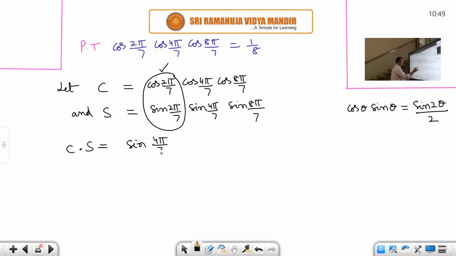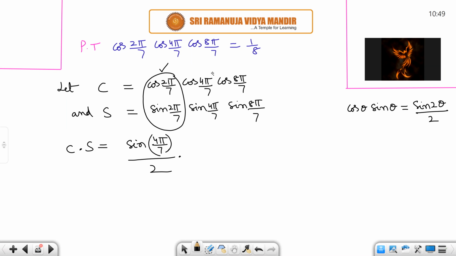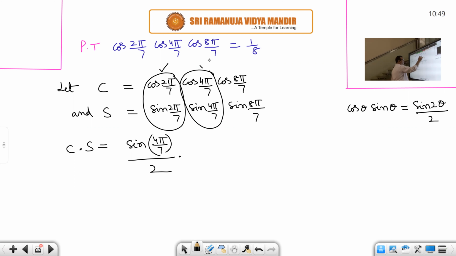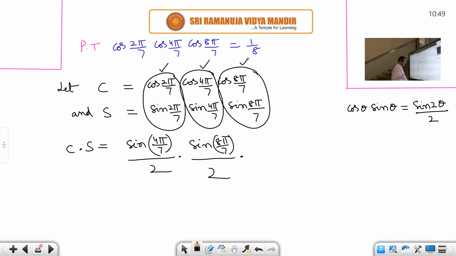Correct. 2 pi by 7 will be multiplied by 2. Sin 4 pi by 7 by 2. Similarly, these 2 factors after multiplication, what happens? Sin 8 pi by 7 by 2. Very good. Next, these 2 after multiplication will become what? Sin 16 pi by 7 by 2, sir.